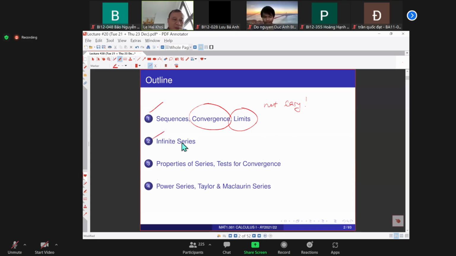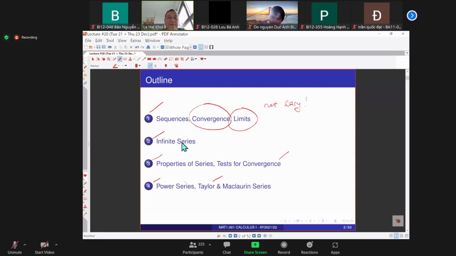And the most difficult part relates to the power series, Taylor series, and Maclaurin series. And this part is even more difficult than the sequences. So study this chapter 7 carefully. Okay.